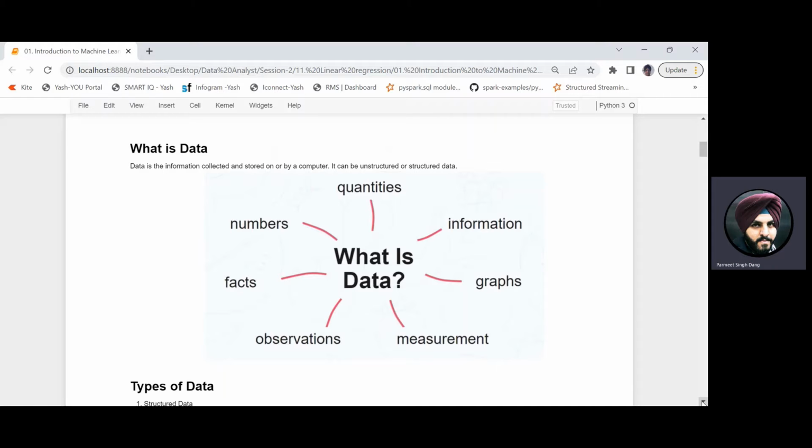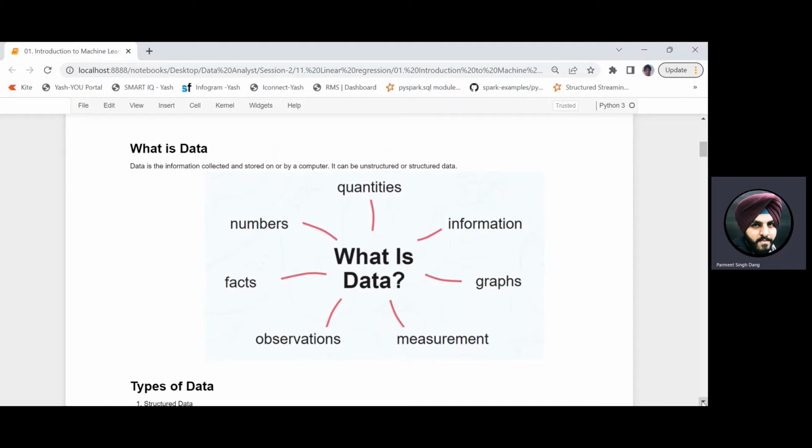This session is being recorded and then deployed over to YouTube for your consumption, then it becomes data for you. Data could be anything which is a quantity, information, graphs, any measurements, observations, facts or numbers.